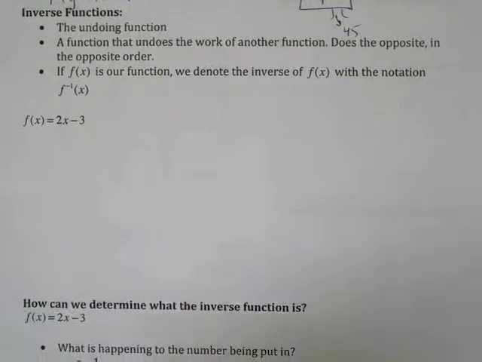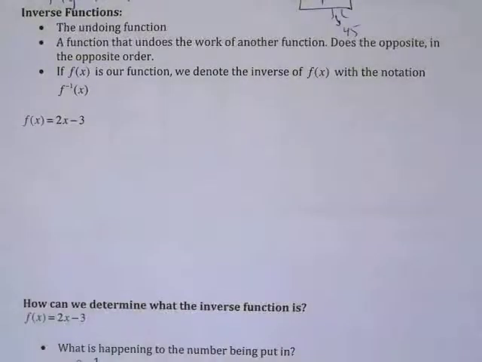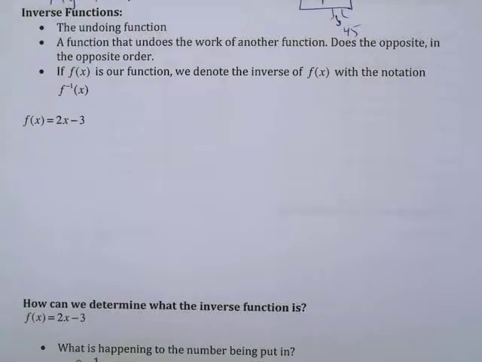An inverse function is what we call an undoing function. Many of our functions do things: they multiply numbers, they square numbers, they subtract numbers. But an inverse function takes whatever a function does to a number and undoes it.